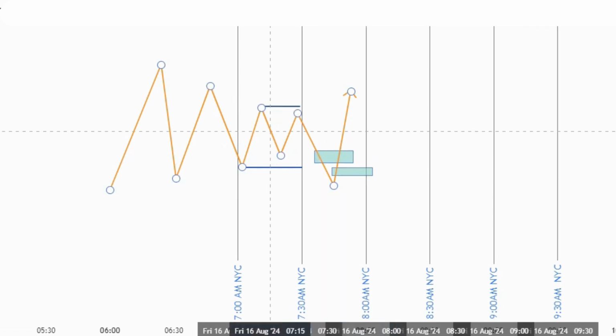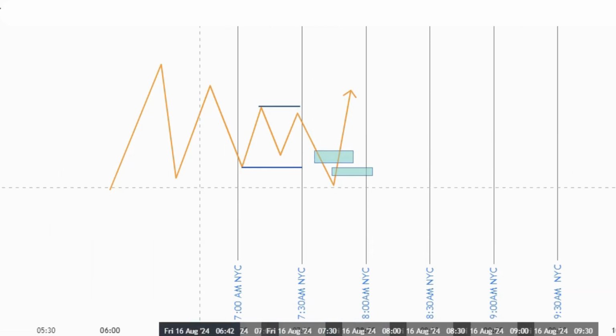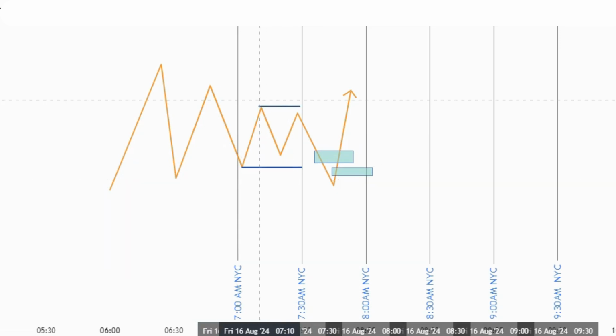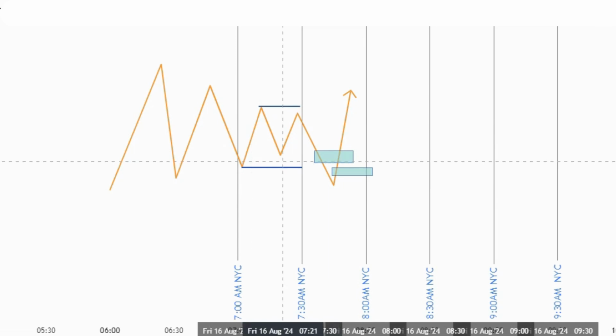So let's just run through this quickly, and then let's move on to the real chart. So this was prior to 7:30. Okay, so we start looking at price action right here. What is price doing? It presents us with smooth edges on both sides. We don't know which one is going to be taken first. So price decides to go and take out the ones that are below. Okay, it takes out these lows.